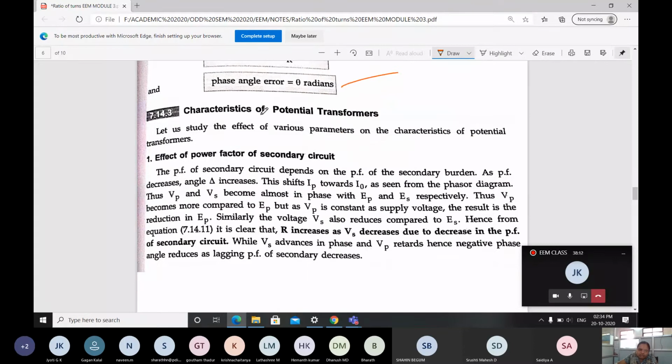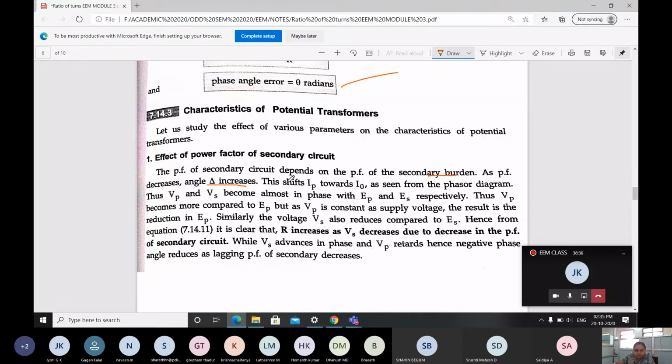Then the characteristics of potential transformers. The first one is the effect of power factor of the secondary circuit. It is almost the same as the previous one. The power factor of the secondary circuit depends on the power factor of the secondary burden. As power factor decreases, angle delta increases.